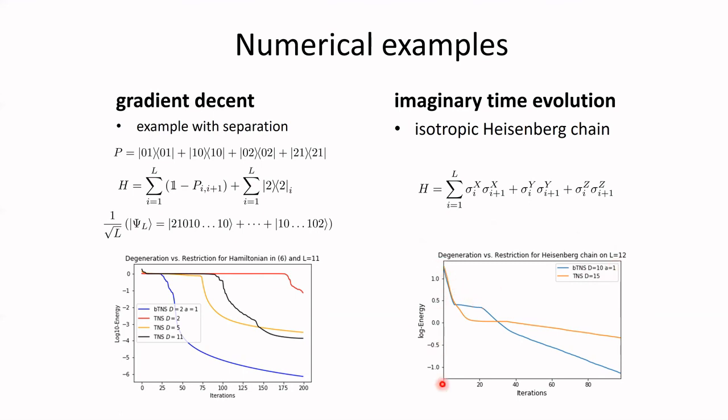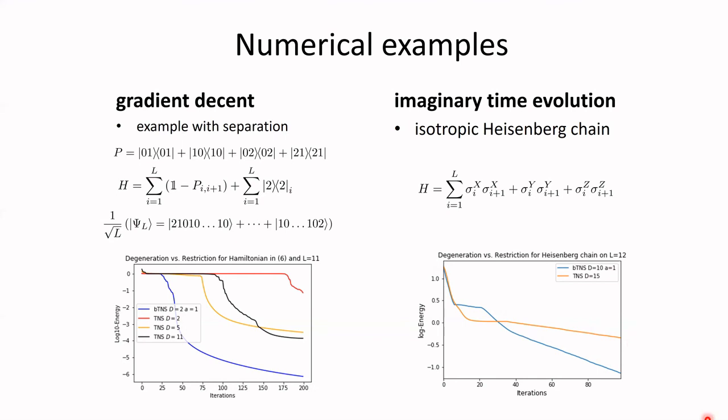Again, we look at the logarithm of the energy that we can achieve, and we compare this with the bond dimension 15 imaginary time evolution. And again, we see that in this setting, somehow these boundary states do seem to have a nicer convergence behavior than if we just restrict ourselves to a normal tensor network representation.